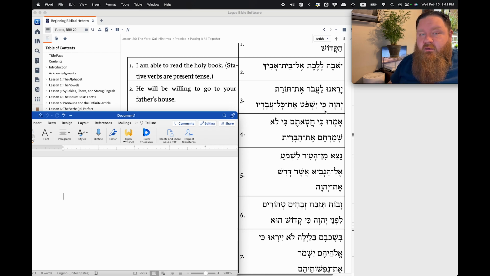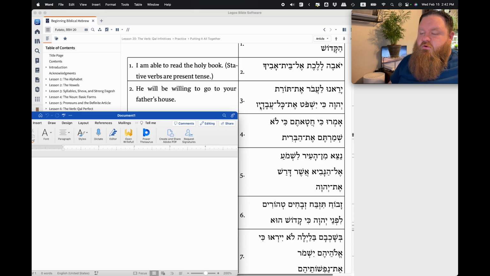Ki, probably because, but here it's introducing an explanatory clause. Because yishpot, all right, so yishpot, we've got a yod hirik prefix, that tells us Qal imperfect, third person. We've got no suffix, so it's 3ms. Because he will, if I take off the prefix, I get shafat, which is he judged. Because he will judge, and then I've got a definite direct object marker here, he will judge each of his servants.